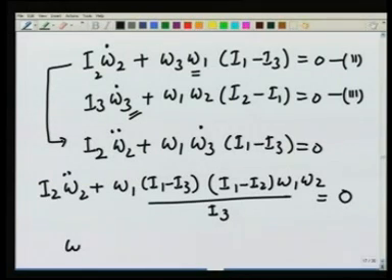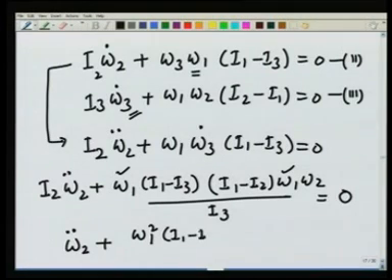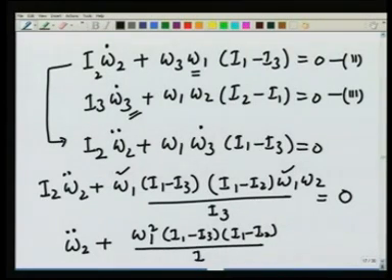So, the equation I get is omega 2 double dot plus omega 1 square, I multiplied this and this, (I1 minus I3) times (I1 minus I2) divided by I3 omega 2 is equal to 0. This is the equation that determines time evolution of omega 2.